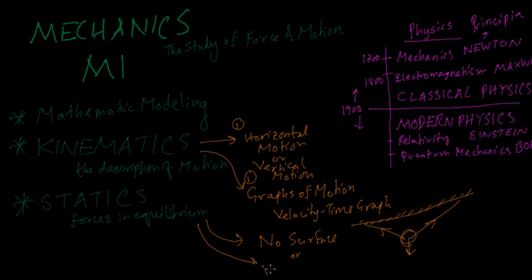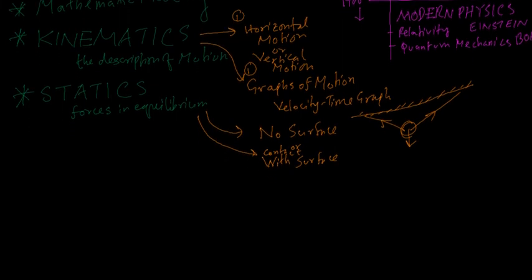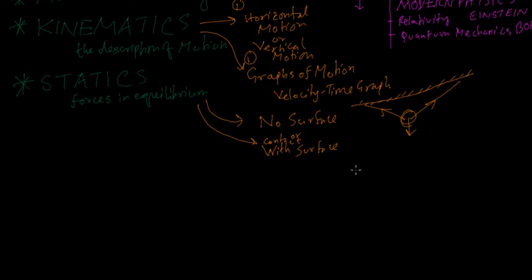So with contact with surface. That means in this particular case there is going to be a surface and contact with the surface. It can be something like this. There is an object, someone is trying to pull this and someone else is going to pull it this way, and it is not moving now.